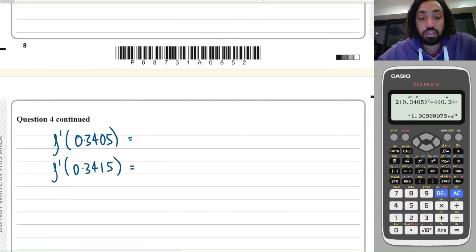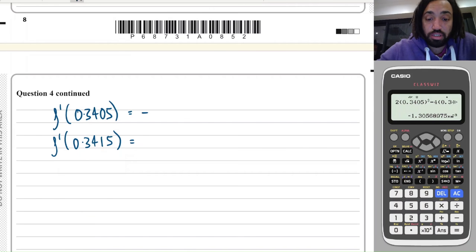That's good. So that is minus 1.305 times 10 to the negative 3.